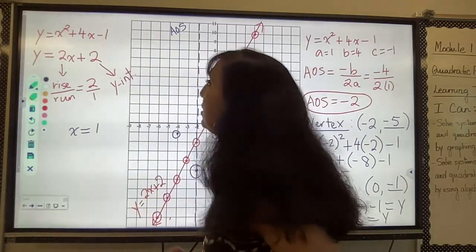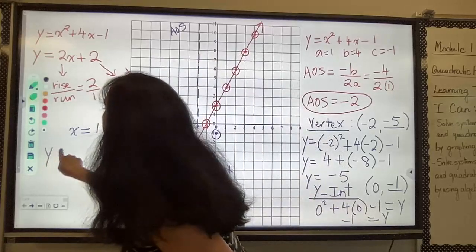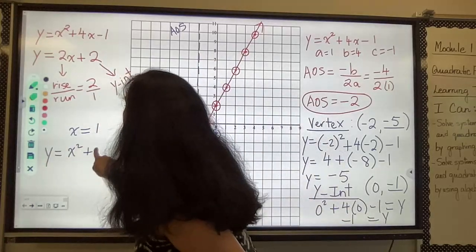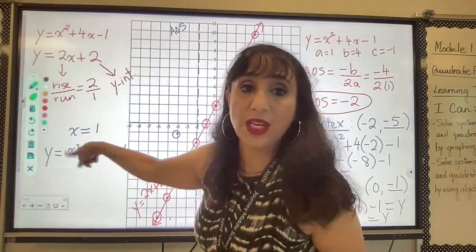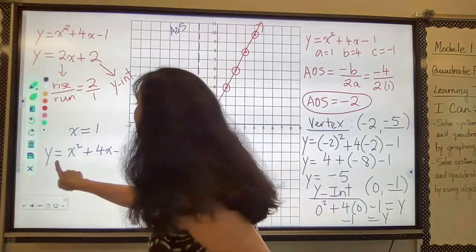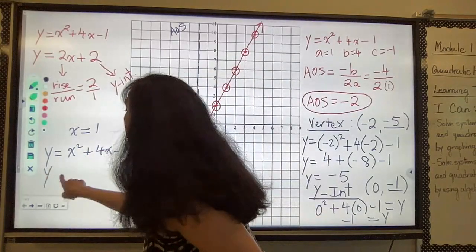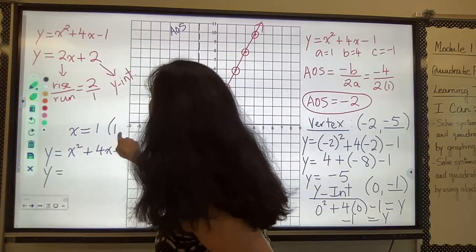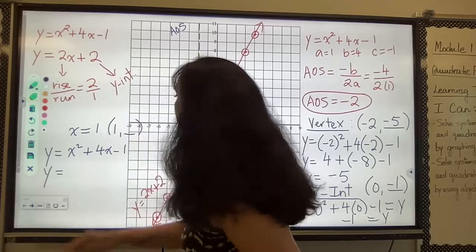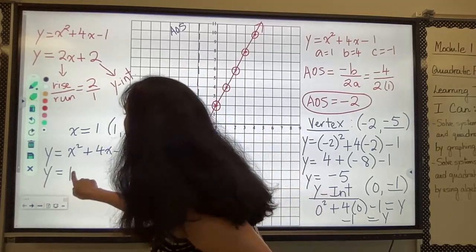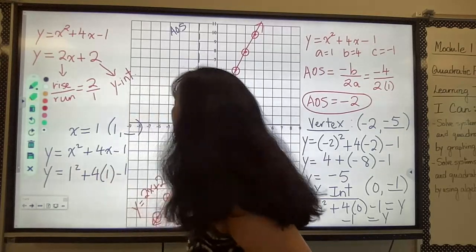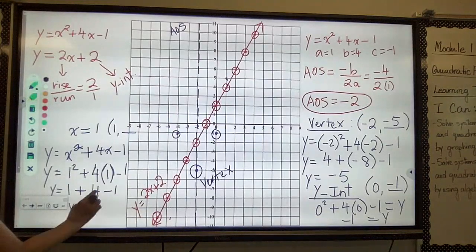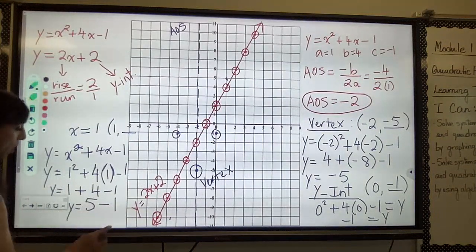I'm going to use that original equation where y is equal to x squared plus 4x minus 1, and substitute the 1 into this equation. So what is y going to be if my x is 1? This is 1 squared plus 4 times 1 minus 1, which is 5 minus 1. And so y is equal to 4.